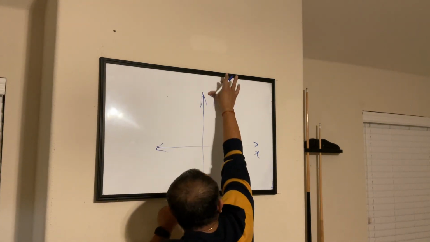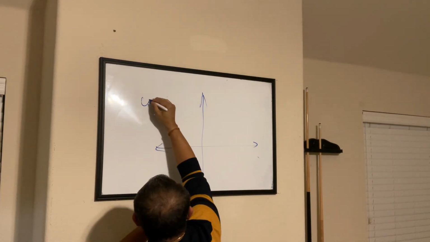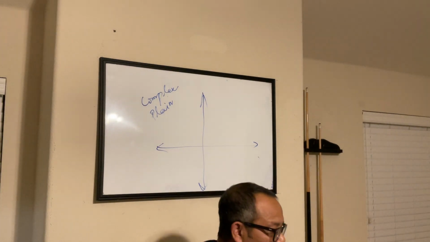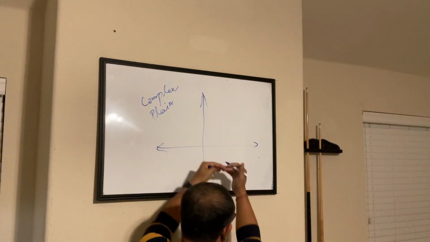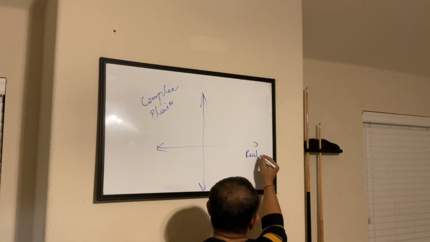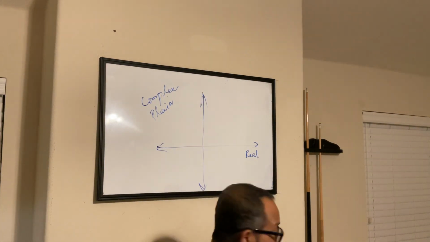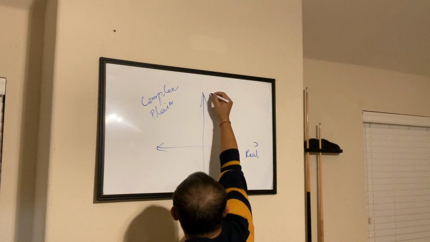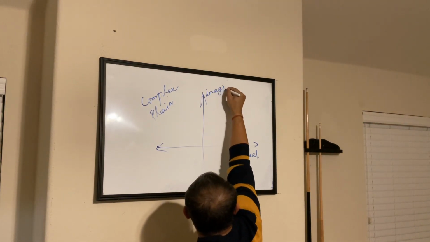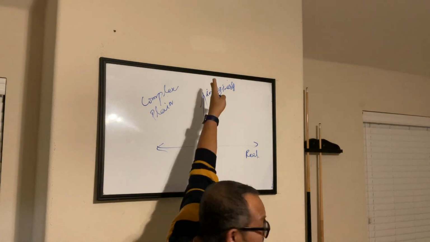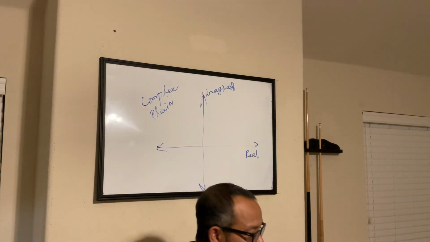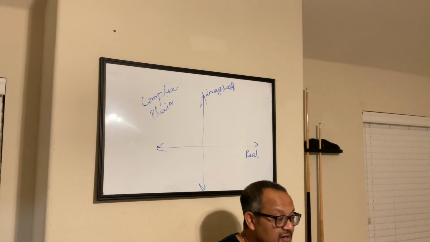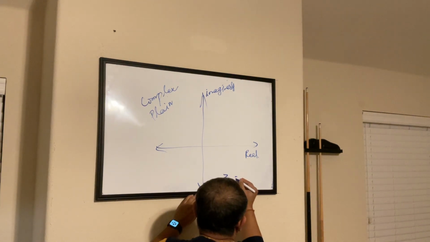You will give it a different name, and you will say this is a complex plane, where the equivalent of the x coordinate will be your real axis, and the equivalent of the y coordinate was given the name imaginary axis. So this is a real axis, this is an imaginary axis. When you look at these two together, this is called the complex plane. This is nothing different, just that your complex number has two parts to it.